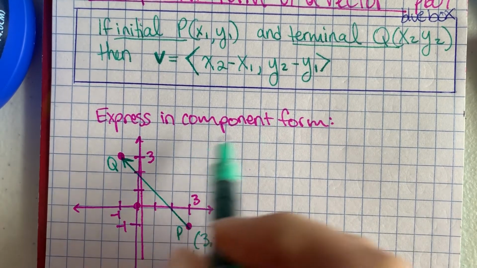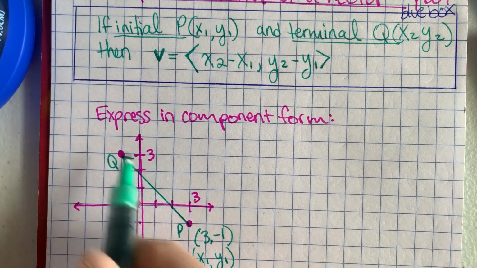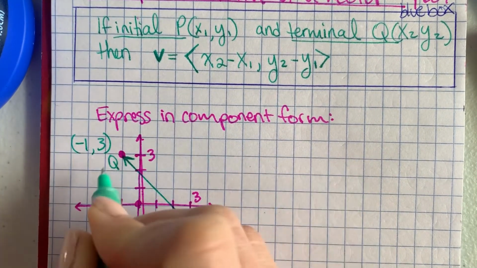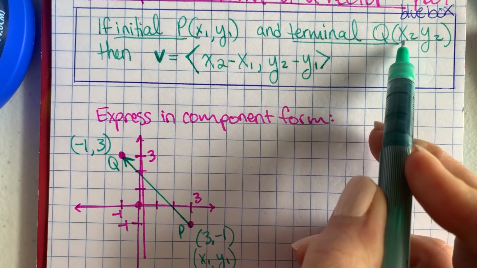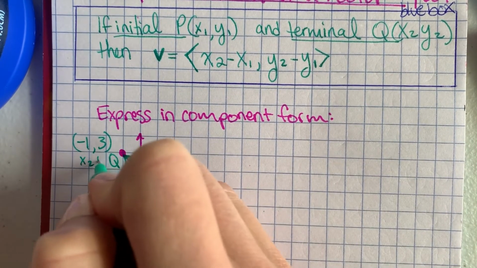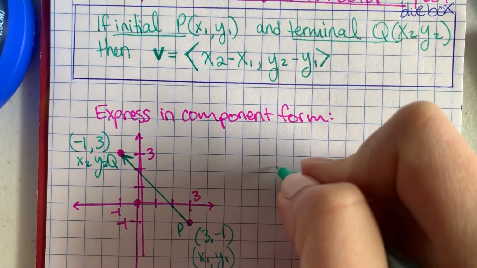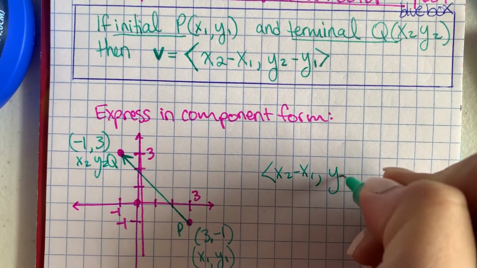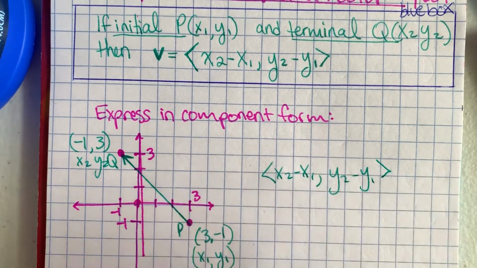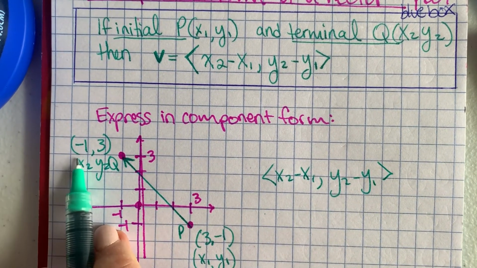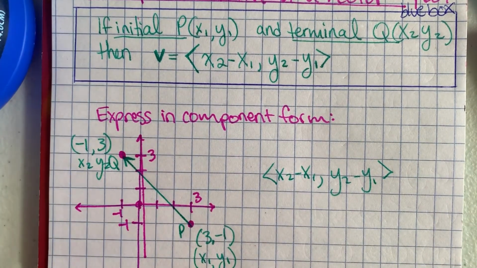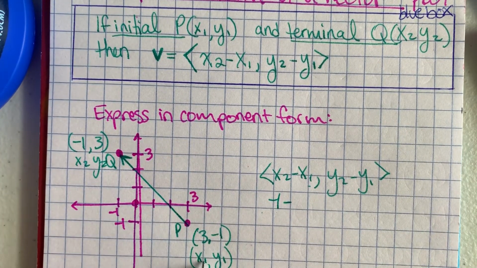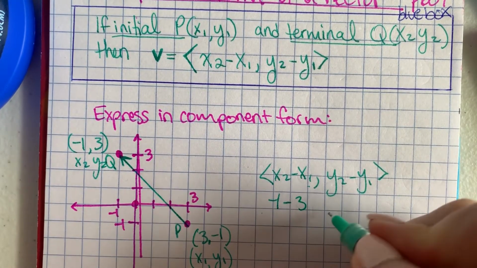And my Q, my terminal, this is at negative 1, positive 3. And that is my terminal Q, so let's name those x2, y2. I'm going to copy down the formula for ourselves. x2 minus x1, y2 minus y1. So x2 is negative 1, and I'm going to subtract x1. x1 is a 3.